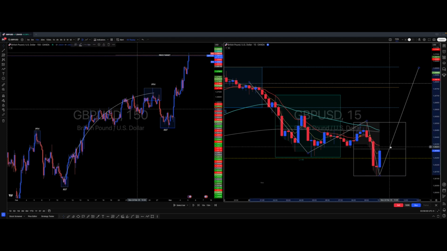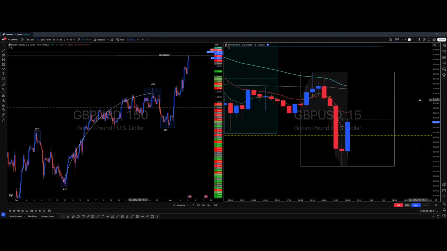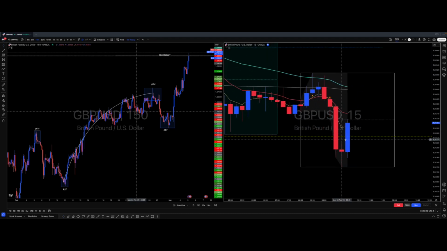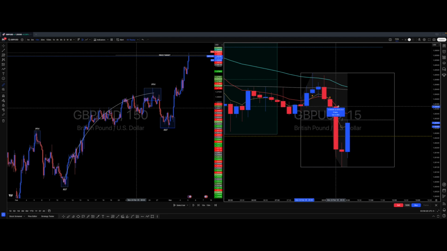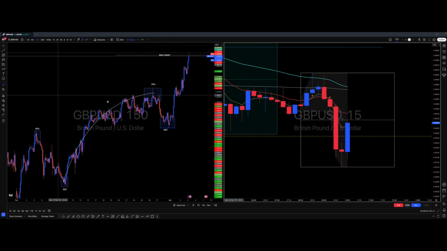Now, a couple things to note about this is the fact that, does this right here, what you think is a second leg, does the blue candle cover 75% of the red candle? Well, the red candle is about 17.5 pips or so, give or take.